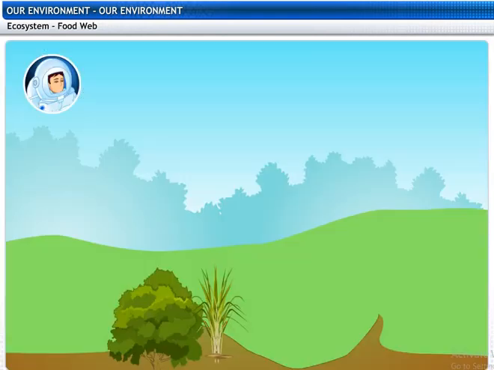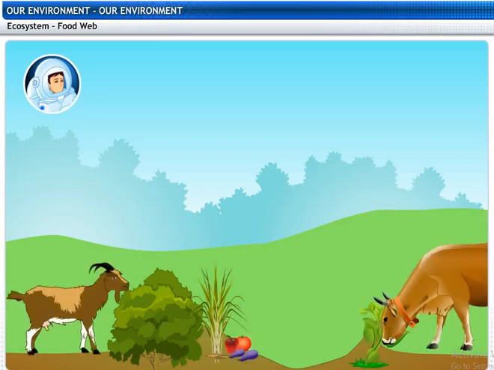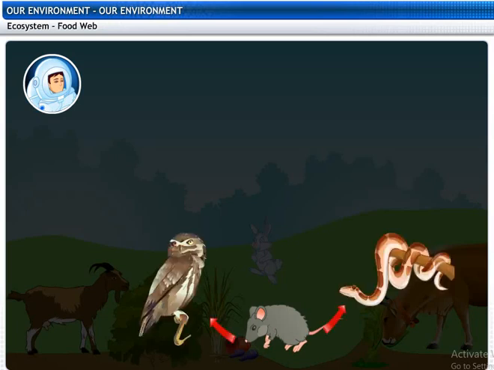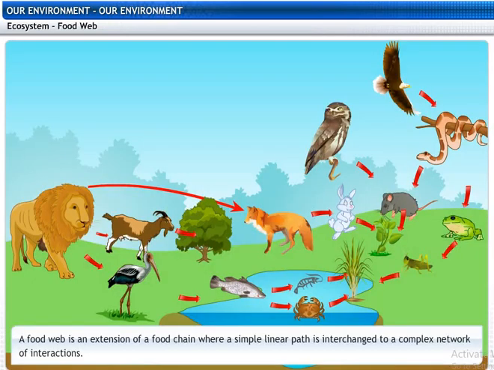This is something like the plants and fruits eaten by goats, cows, rats, and rabbits, and subsequently rats being eaten by owls or snakes or cats. That's right. Instead of a straight line food chain, the relationship can be shown as a series of branching lines called a food web.